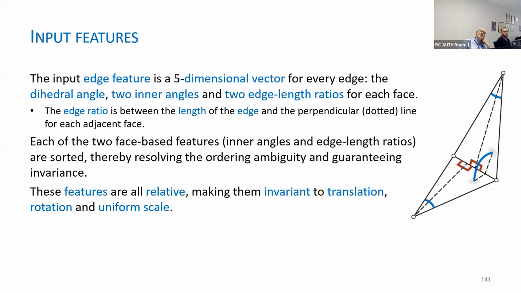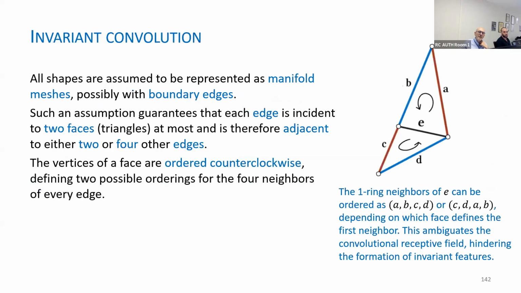So all these 5 features are independent from these transformations, which are reported at the bottom of the slide: translation, rotation, and also uniform scale.